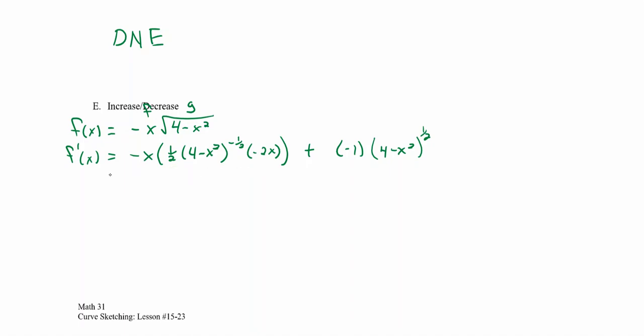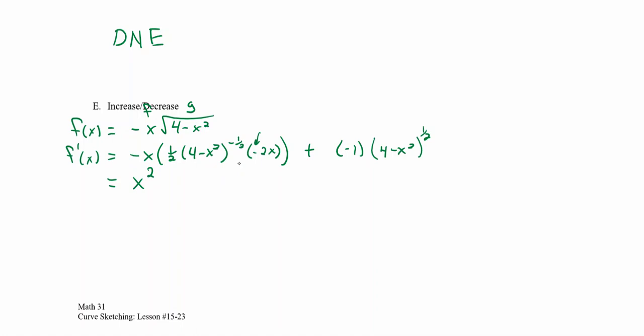Let's do one more row here. So we've got negative x on the front there. I see I've got like another x over here, so those are going to become x squared in the end, right? I also see I've got a negative 2 and then a 2 on the bottom. Those will cancel. But I got to keep track of my signs here, because I got a negative and a negative, so that'll become positive. So I've got positive x squared.